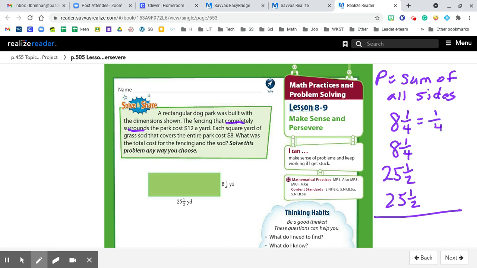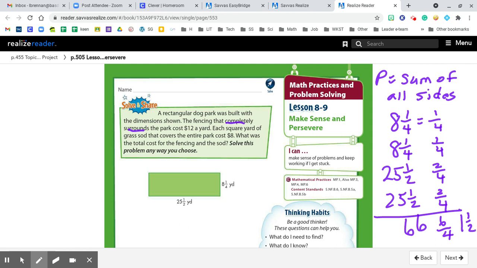So if I wanted to make equivalent fractions here, I would say 6 fourths, and I have 50 fourths, 66, and 6 fourths. So my perimeter is going to be, 6 fourths is equal to 1 and 2 fourths, which is 1 1/2.